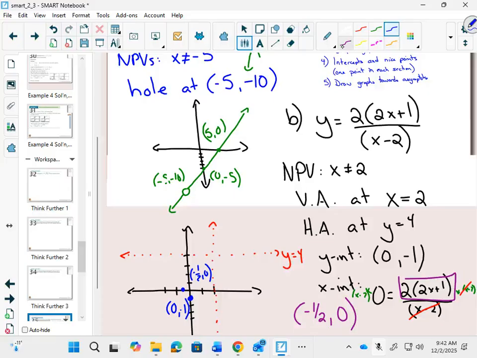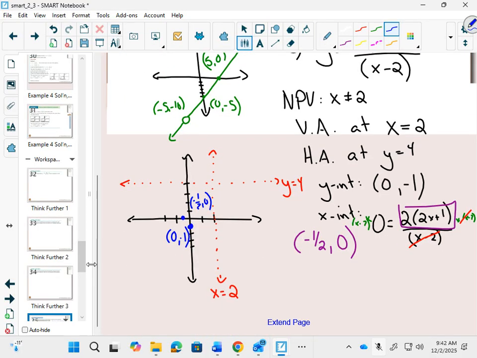Now, step 4 and 5 here says, do your intercepts, we've done that, and nice points, and it says 1 point in each section. I'm going to describe that your vertical asymptote splits your graph up into sections. I have section 1 to the left of x equals -2, and section 2 to the right of x equals -2.